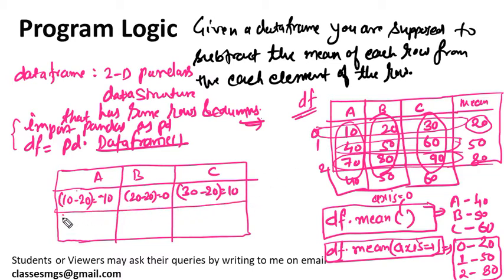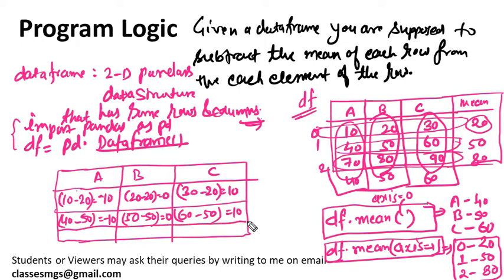Now we need to subtract from 40 the mean of this row, which is 50. So it will be minus 10. 50 minus 50 is 0. And 60 minus 50 will be 10.